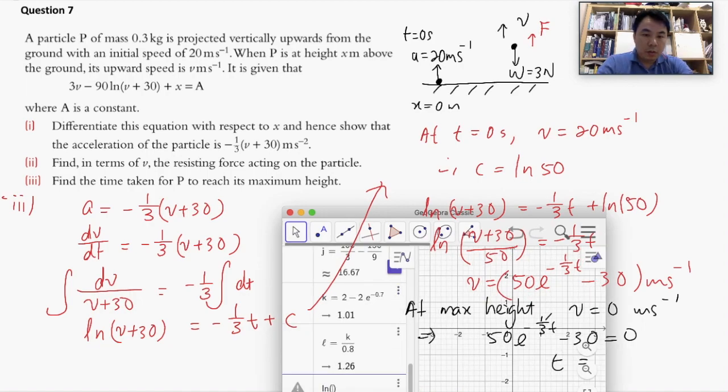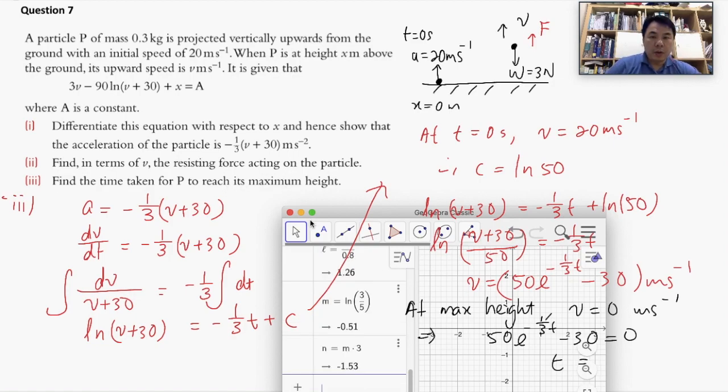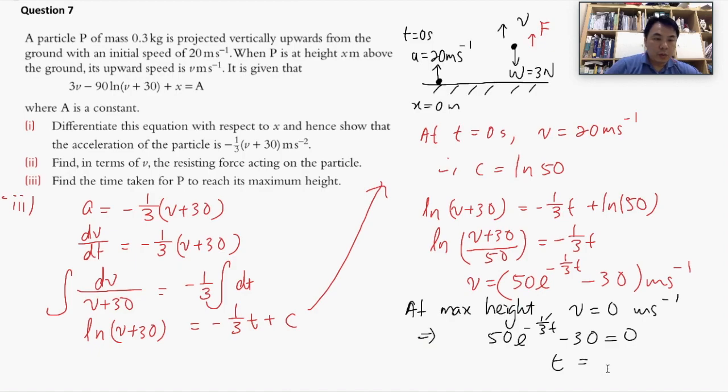So that will be 3 ln of 5 over 3, multiplied by 3 here. So it's 1.53 second. So it takes about 1.53 second for P to reach its maximum height. Alright, so I hope that you guys are clear on this question. Alright, let's move on.